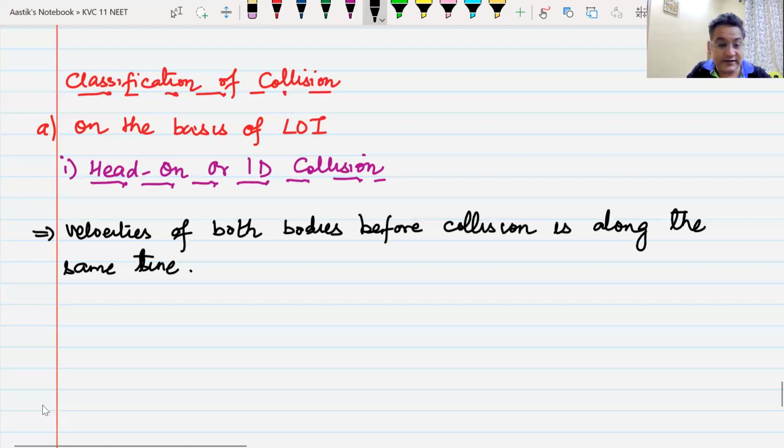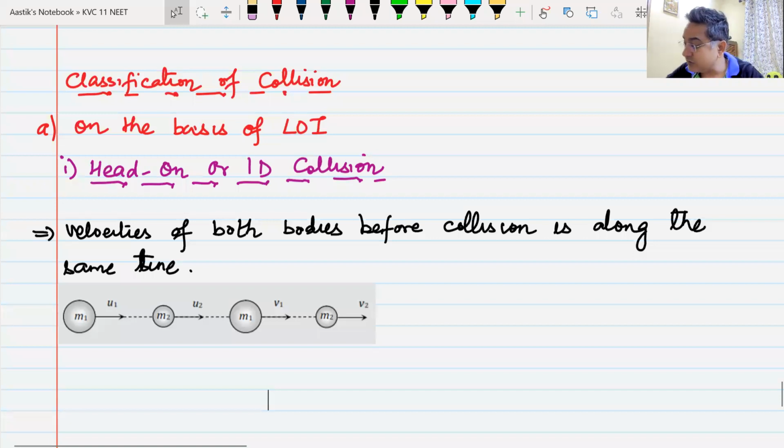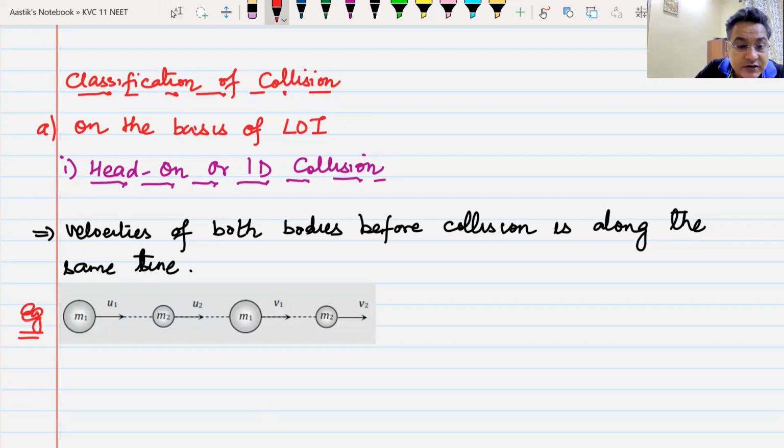So you can see this example. The previous example also was the same. Here before collision, you can see body number 1 and body number 2. They are moving along the same line. Do we see this? So this is an example of head-on collision.